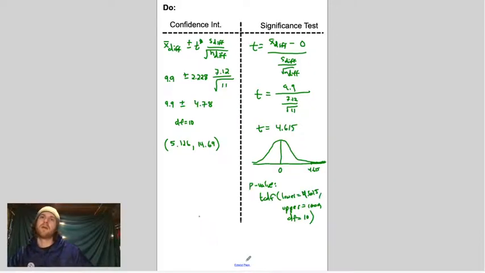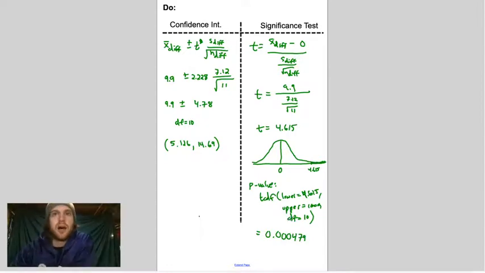I think that's the easiest way to do it. Let's do it on our calculators first. With df equal to 10, you get a p-value of 0.000479.